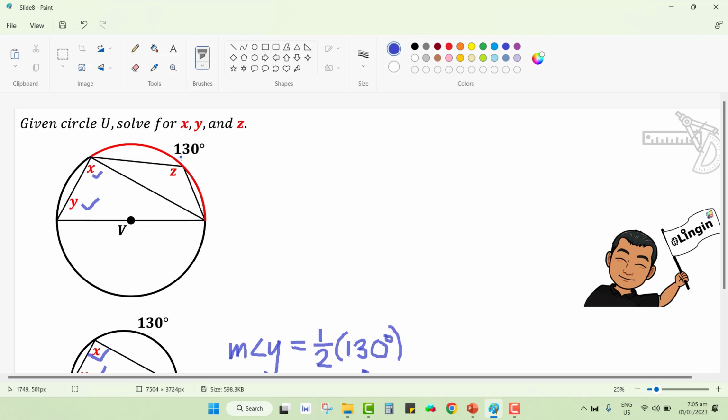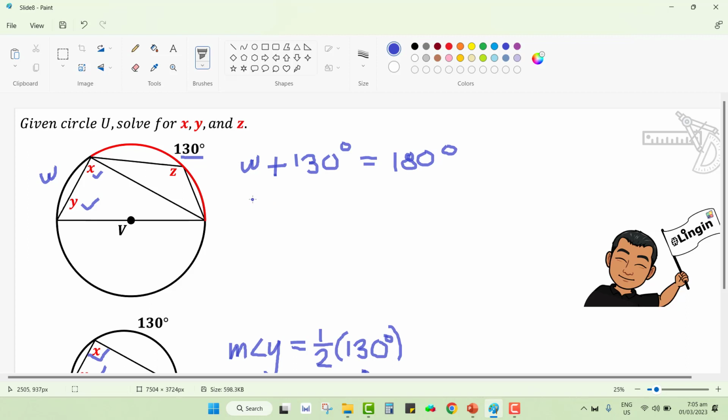And if this is 130 degrees, we know this arc here to be something, let's say, W, which when added to 130 degrees could give us another semicircle measuring 180 degrees.